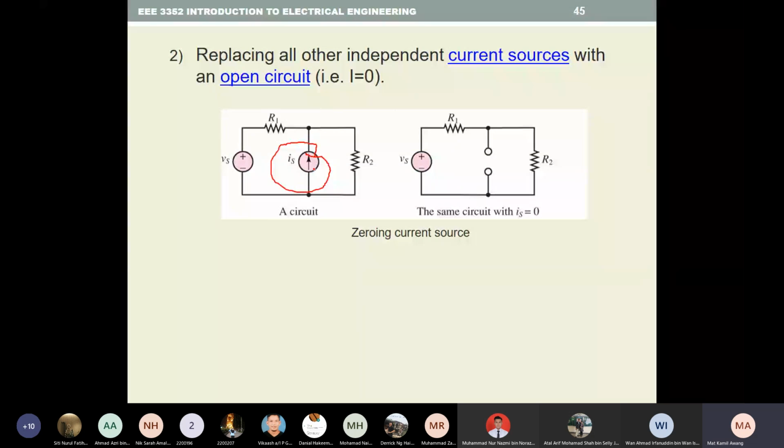How to set this equal to 0? You take out the current source and leave it open. When it's open, there is no current flowing, so I equal to 0. You have to remember that. To make the current source I equal to 0, it is an open circuit. How do I turn off a voltage source? Vs equal to 0. How to do that? I short the voltage source. Then it is equal to 0. Remember that.